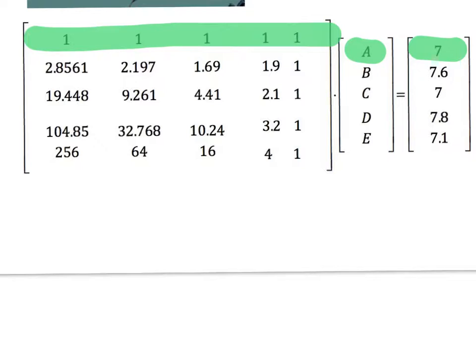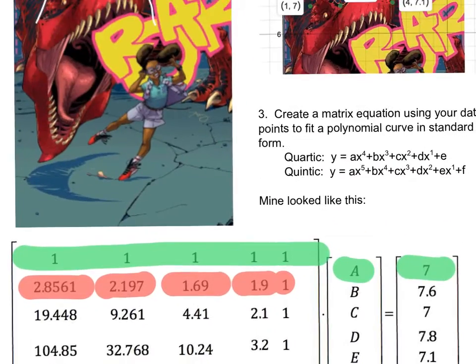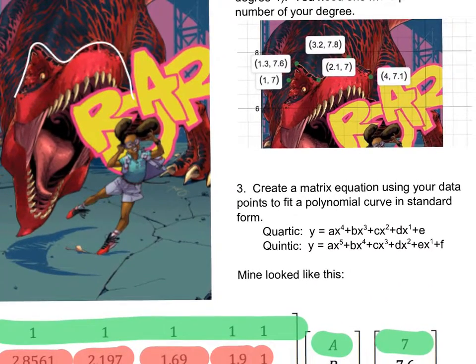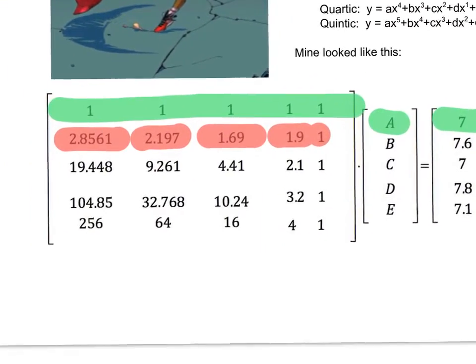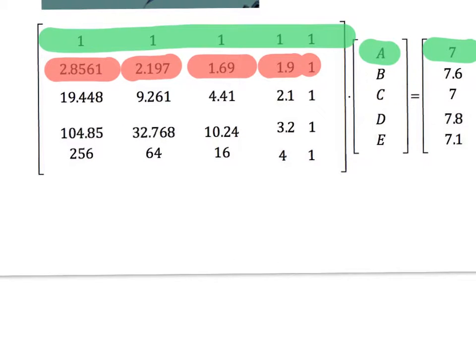If I look at the second row, this is 1.3 to the fourth, 1.3 to the third, 1.3 squared, 1.3, and 1. Although I don't know why these are all 1.9. That's interesting. That would explain why some of my numbers didn't come out. That number is wrong. That should be 1.3 instead of 1.9.